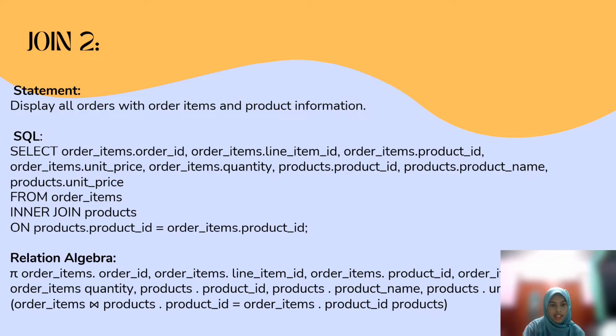The SQL is select order ID, line item ID, product ID, unit price, and quantity from the order items, and product ID, product name, and unit price from the products, which is from order items, join the products on product ID equal to order items product ID.